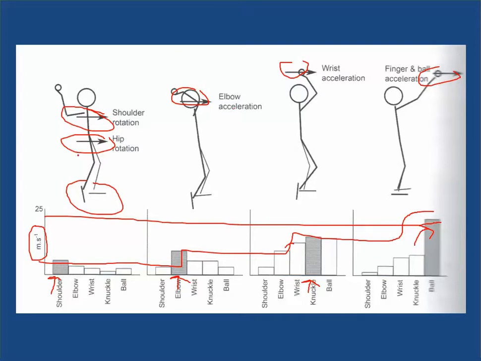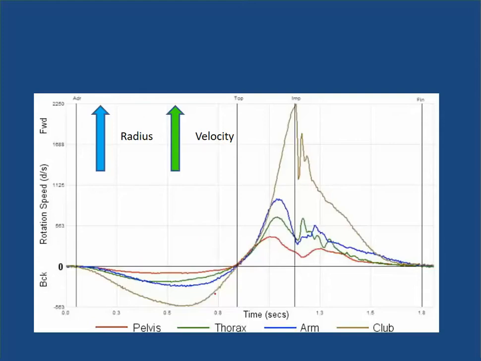Your radius starts to increase as you release the ball. That's one reason. Another reason, which we'll talk about in the next slide, is the moment of inertia. So the increase in radius increases the velocity.